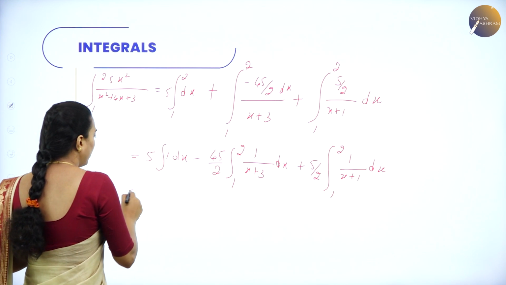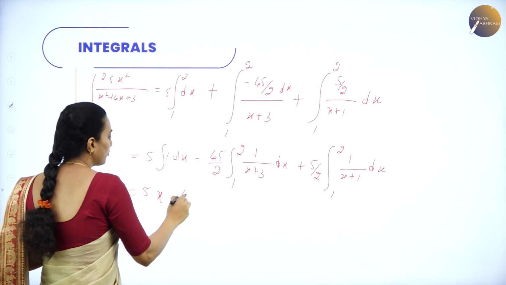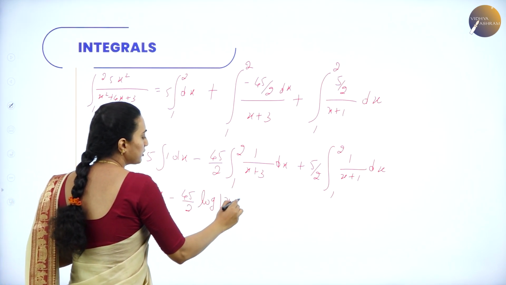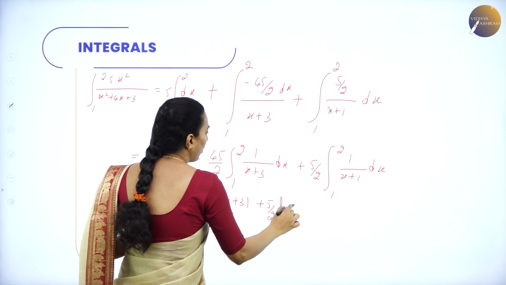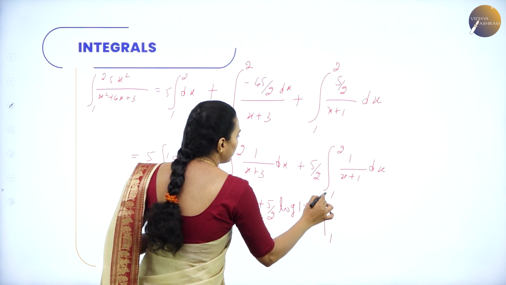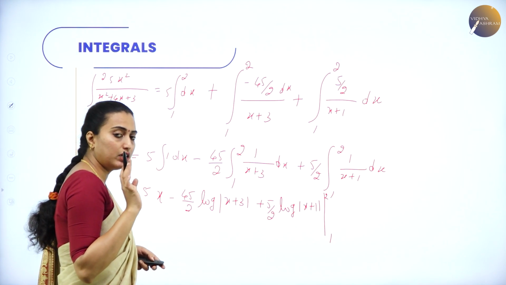Now this is in the form of 5 into x, minus 45 by 2 into log of modulus of x plus 3, plus 5 by 2 into log of modulus of x plus 1, from the limit 1 to 2. You can apply the limit first 2 and then apply the limit 1.